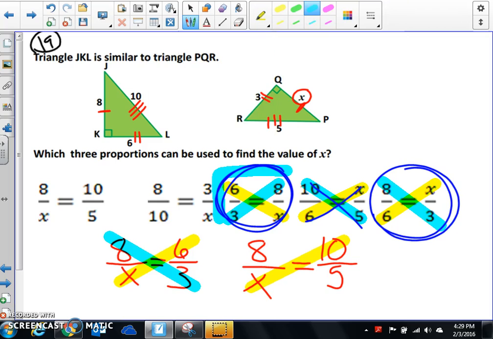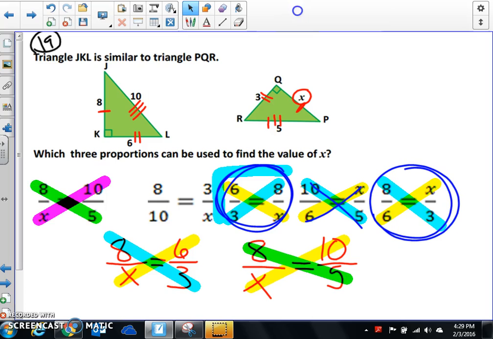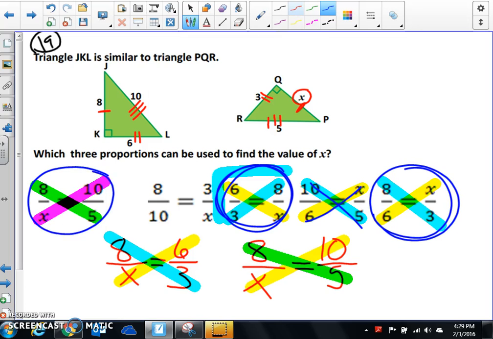So x belongs with 10. If x belongs to 10, then 8 and 5 have to be together. So 8 and 5 are together. So this is true. In none of those scenarios is x with 8. So that is not true. So it's those 3 only.